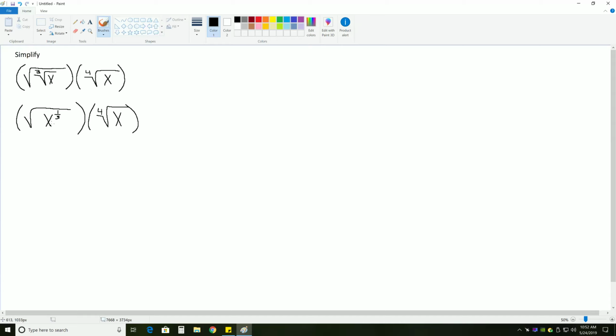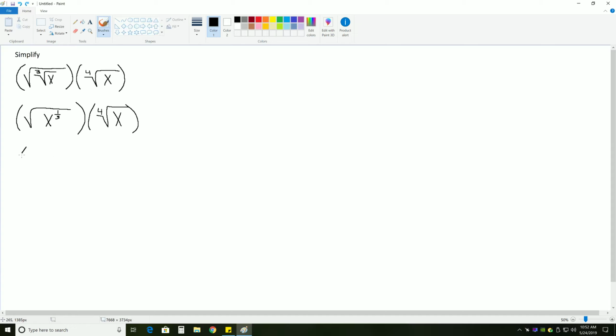And now we're going to do this again. The square root in this case means that there's technically a 2 here. We don't write it, that's not the correct way to write a square root, but that's what a square root means. There is a 2 for the radical index.